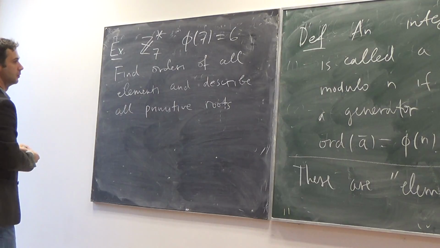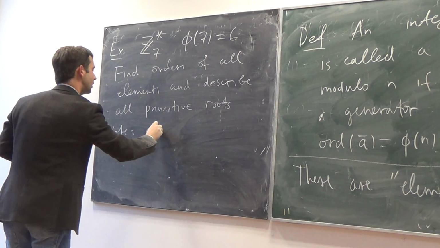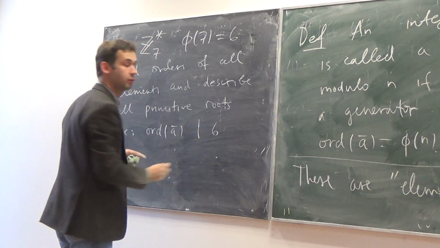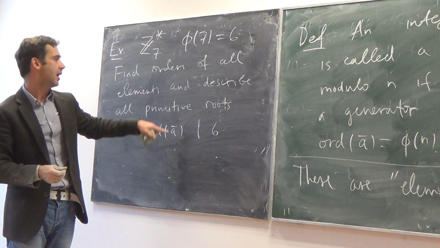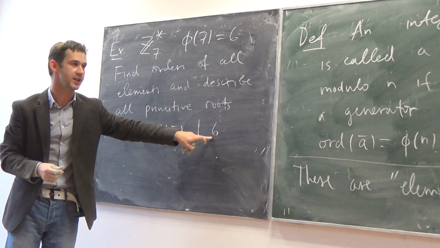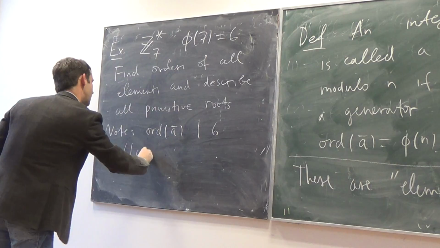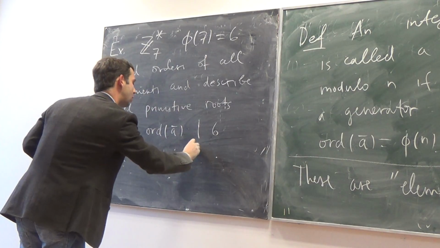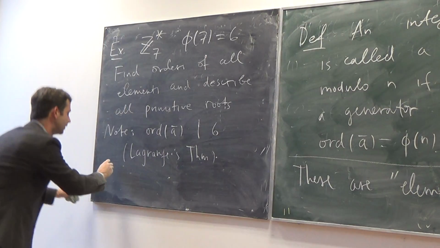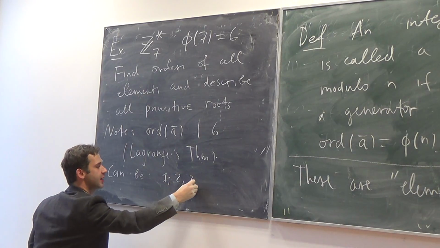Yeah, so let's see what we do. So the important thing is first to note that orders of all elements divide the order of the group. This is how it always goes. I'm looking at a certain group of certain order, then all elements will have orders dividing 6. This was part of Lagrange's theorem: orders divide the order of the group. So in practice, they can be 1, 2, 3, and 6.